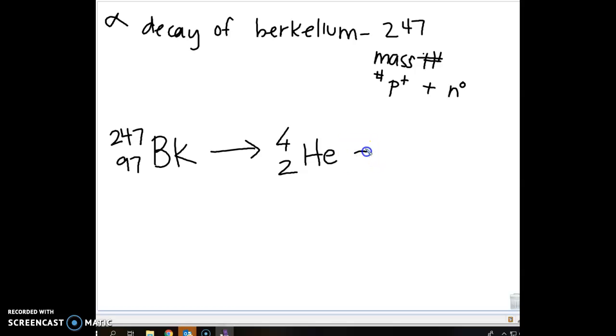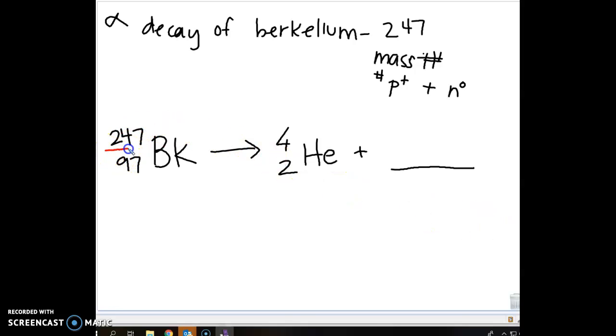But when it emits this alpha particle, there's going to be something left. There's going to be another element left. So my job is to figure out what that element is. In order to do that, I'm going to look at my mass numbers on either side of my arrow, and I'm going to look at my atomic numbers on either side of my arrow.